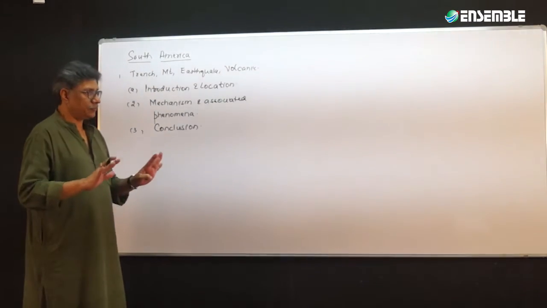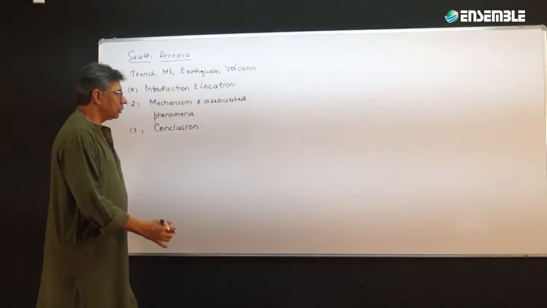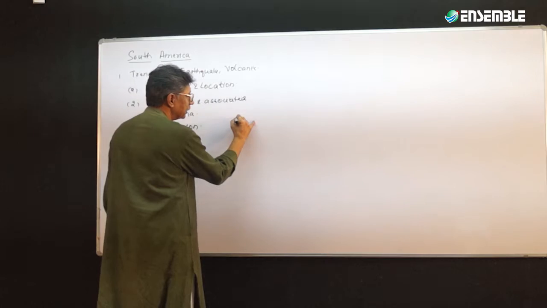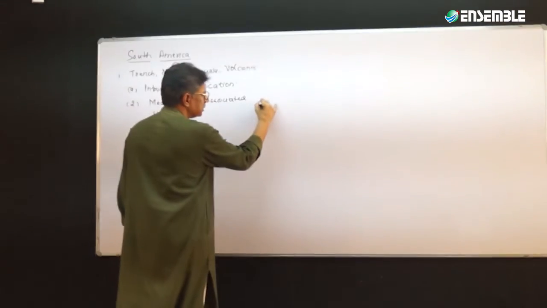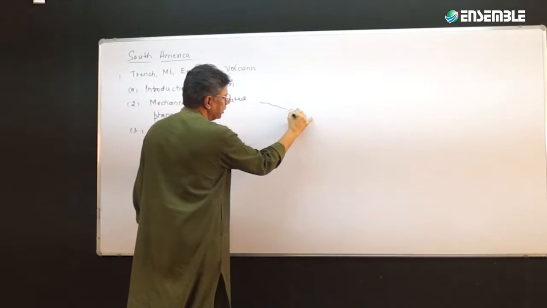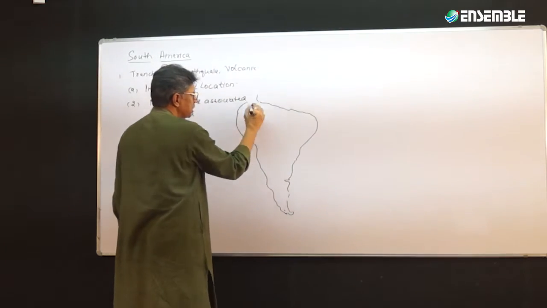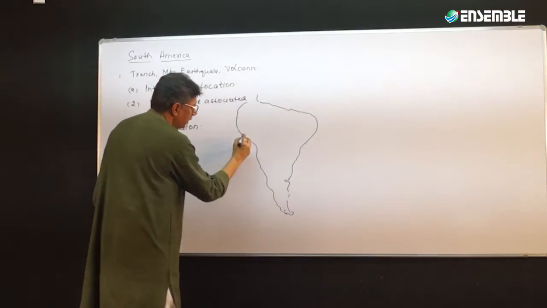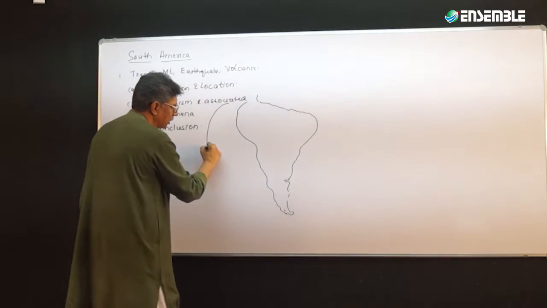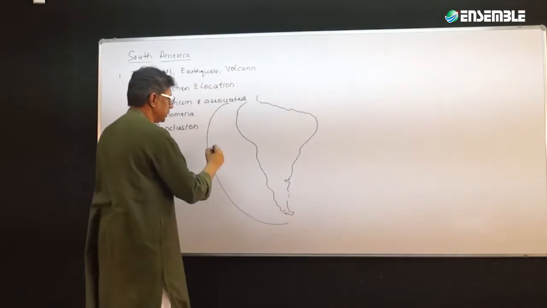To begin with, we are going to be talking about where exactly South America is. That's the place, and that is where you're going to be having one of these plates.